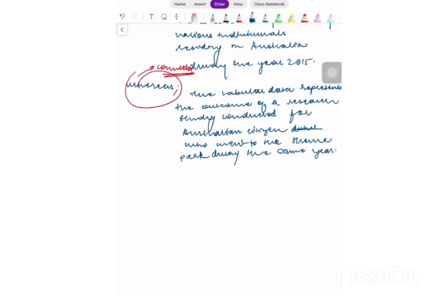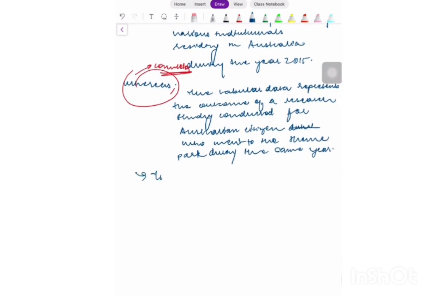And then comes the most important line, that the unit is measured or was measured in percentage.